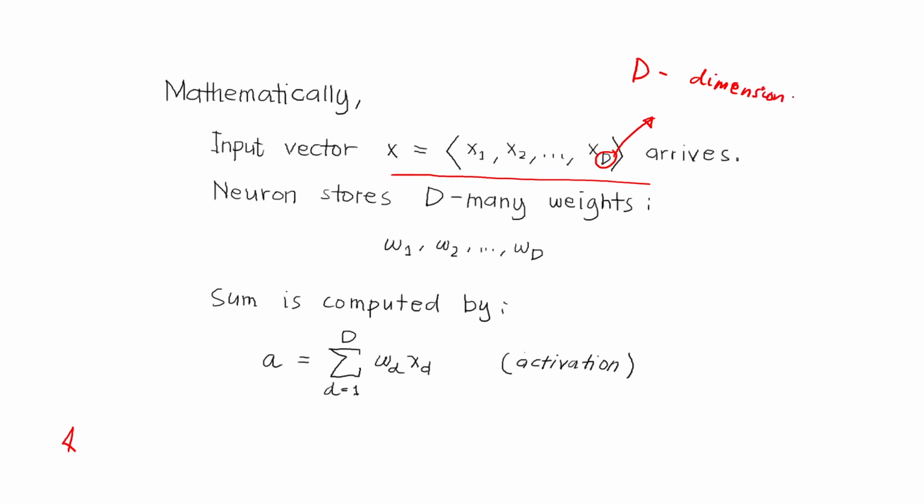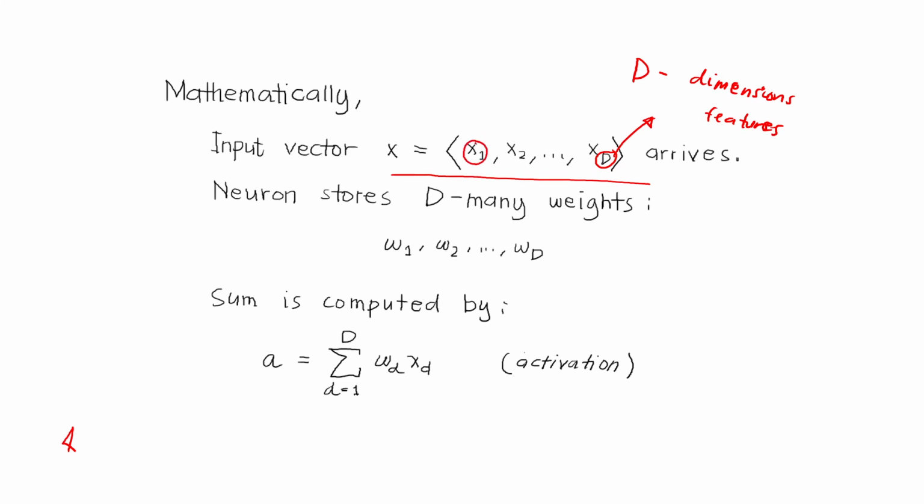So the dimensions are determined by the features. And that will be our input vector. This is the signal or the input that is sent to our neuron.